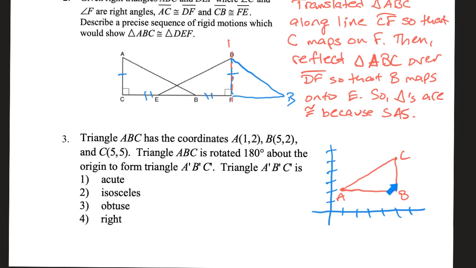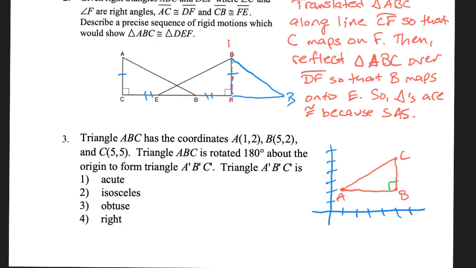So this line is straight up and down. And then I'm going to notice that A to B, A has a y value of 2 and B has a y value of 2. So this line is completely horizontal. So I have a horizontal line intersecting a vertical line, and of course, that makes the right angle.